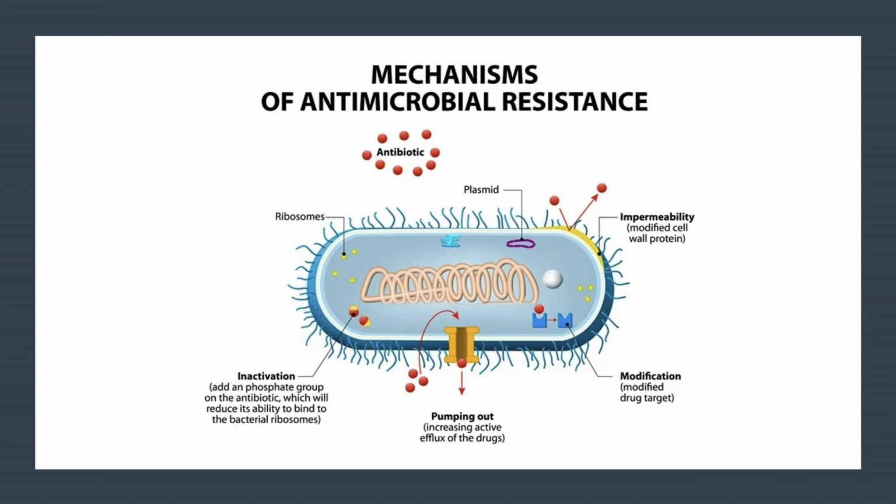There's penicillinase, there's beta-lactamase that these bacteria produce that will inactivate the antibiotic, or they can just pump out the antibiotic. And I laugh because it's just like a little bacterium taking in an antibiotic and then just spitting it right back out without any effect at all. It kind of makes me laugh. So there are a number of different defense mechanisms that these bacteria have that create this drug resistance.